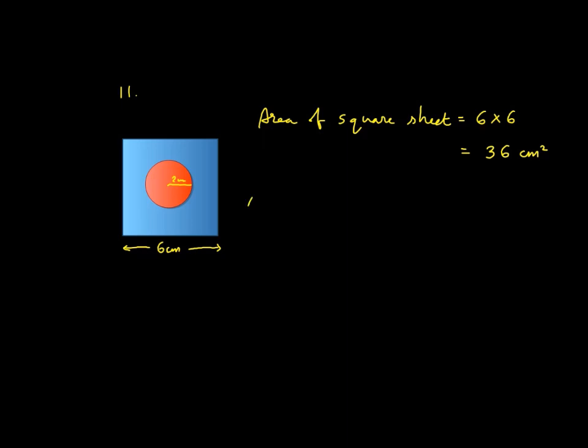Now let us find the area of the circular sheet, which is pi into r square. R is given as 2. So this is pi into 2 square, which comes out to be 4 pi.